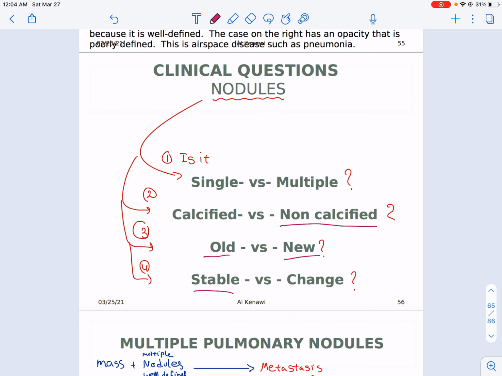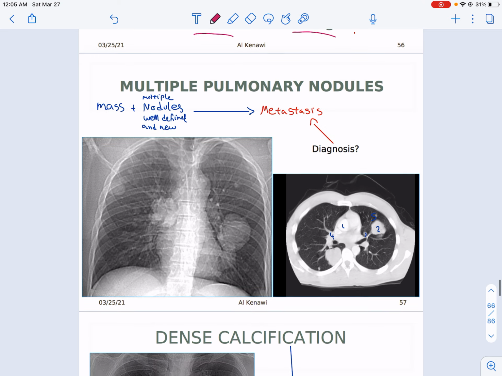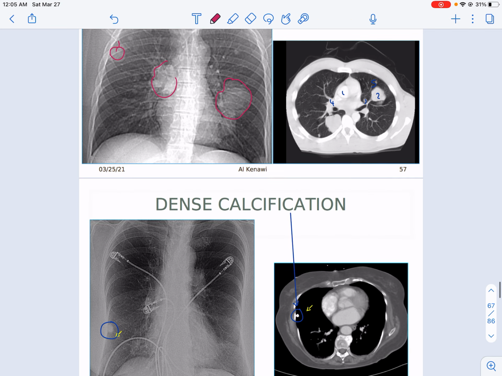Is it stable or changing? Okay. For example, here in the first case, this patient has a mass or multiple, we can say nodules, and it's well defined. Straight away metastasis. Well, you can draw a line and it's well defined. It's multiple. This is a very bad tumor, and we can say that this is metastatic disease or metastasis. Okay.